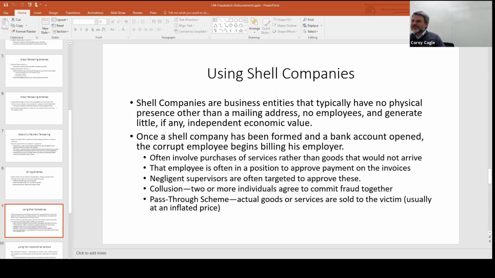He set up a shell company, used it to buy computers, and then had his company buy the computers from his shell company at these gigantic prices. So he just made this big, huge profit on this. It said he got about $1 million from the company over time doing this. So there you go.